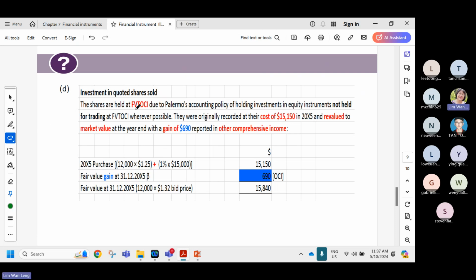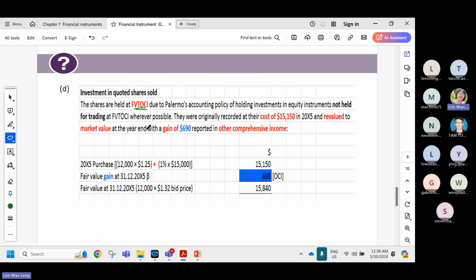So since the irrevocable election has been made, the shares will be held at fair value through the OCI. If Palermo did not make an irrevocable election, what will happen? The shares will likely be measured at fair value through the profit or loss.